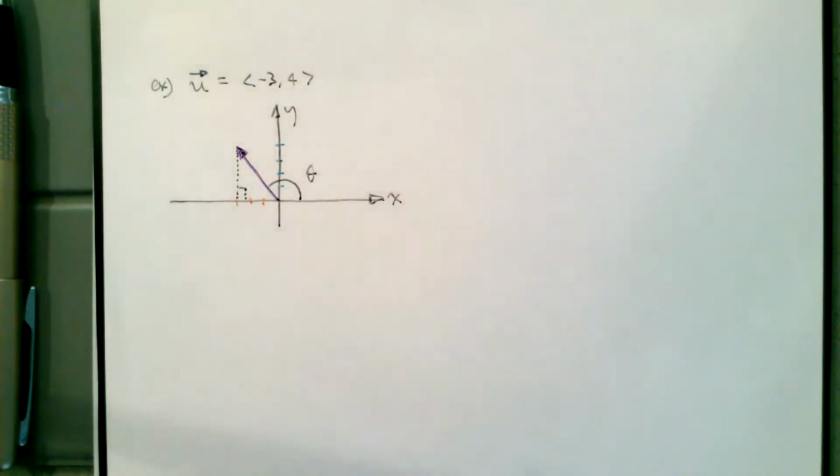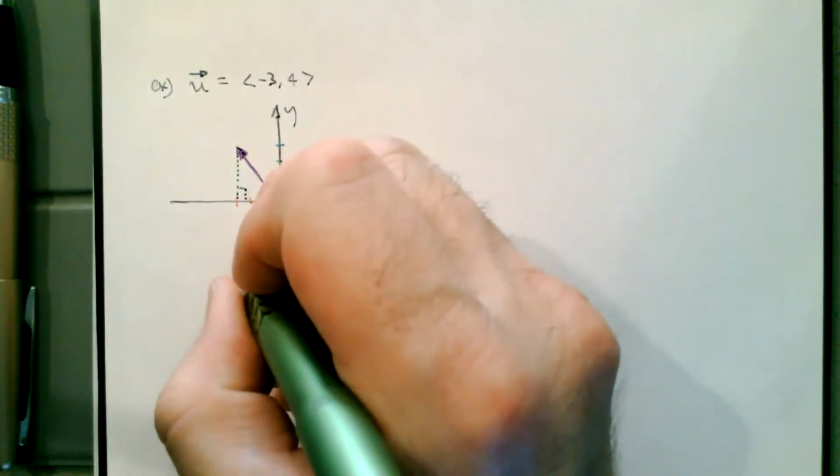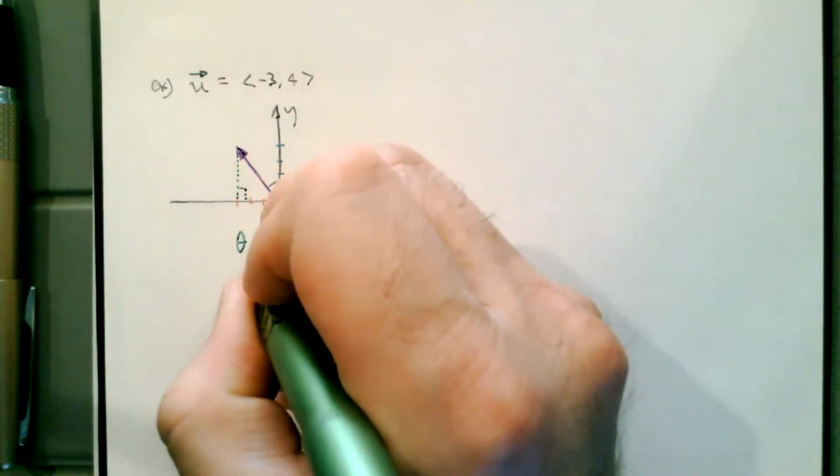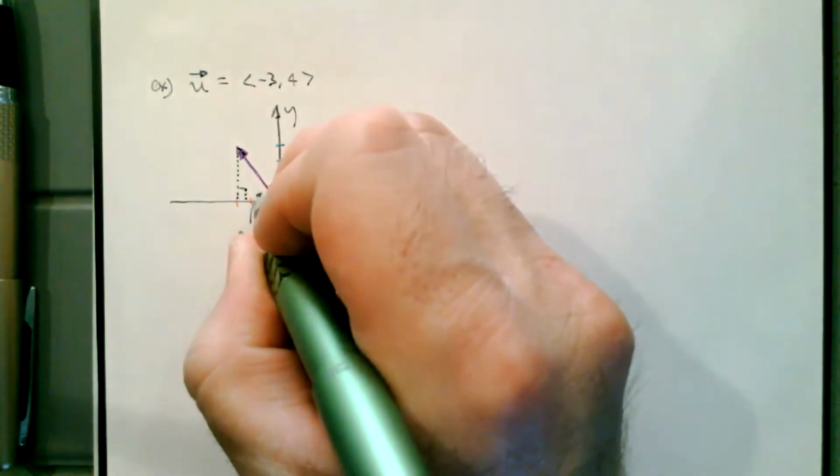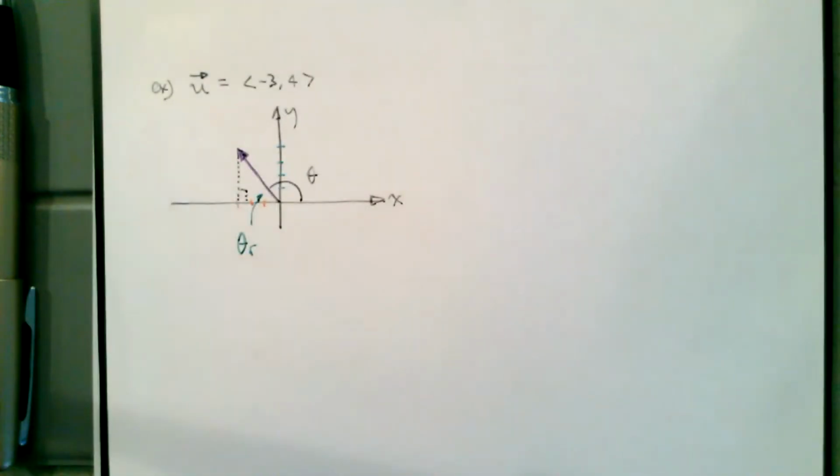The reference angle for theta is the angle between the terminal side and the nearest x-axis.